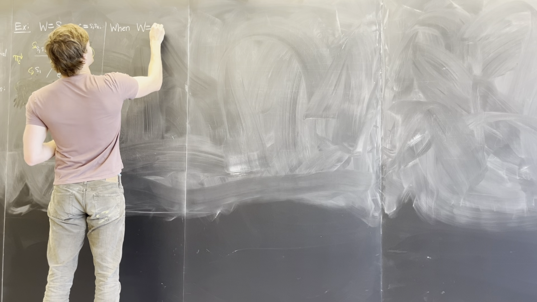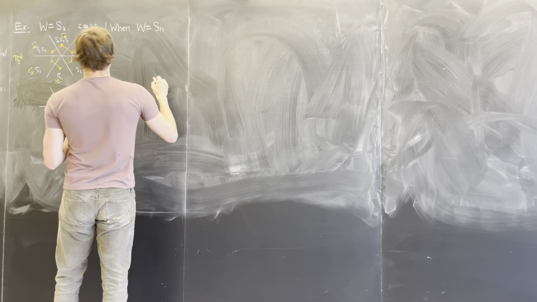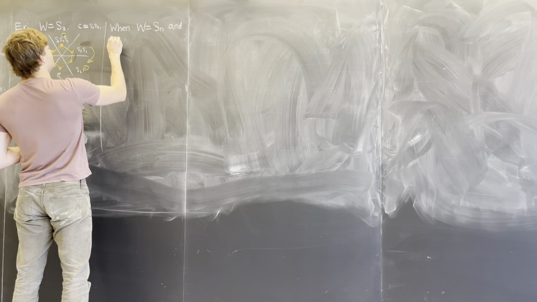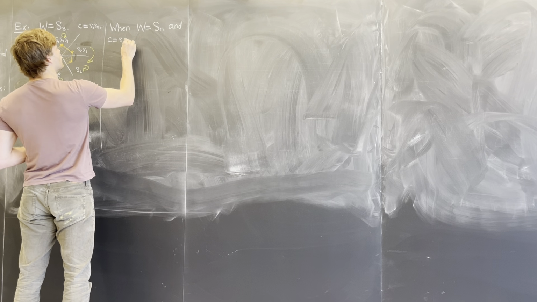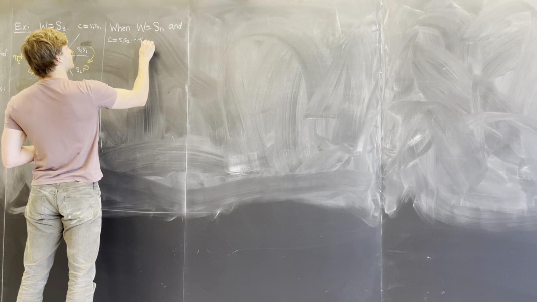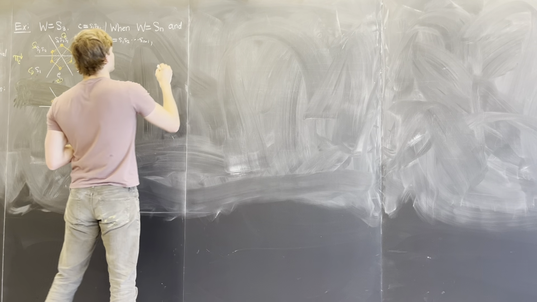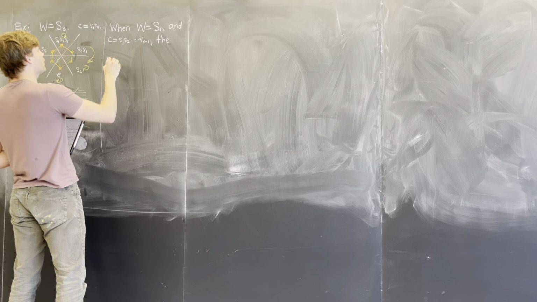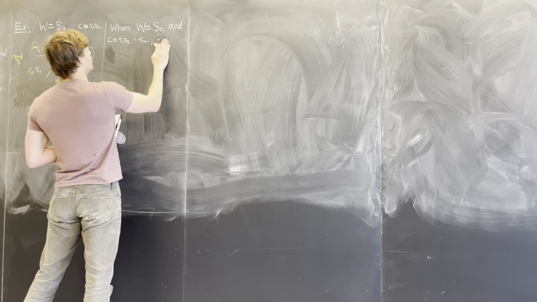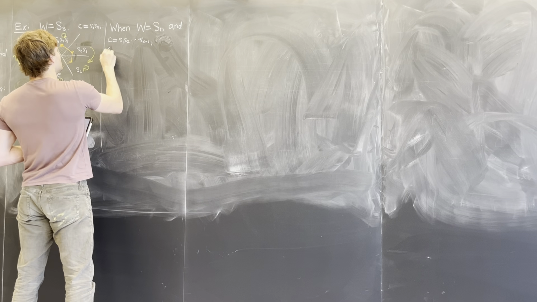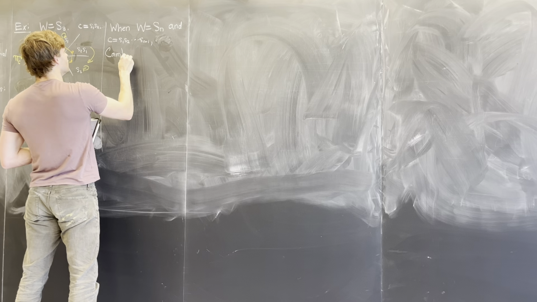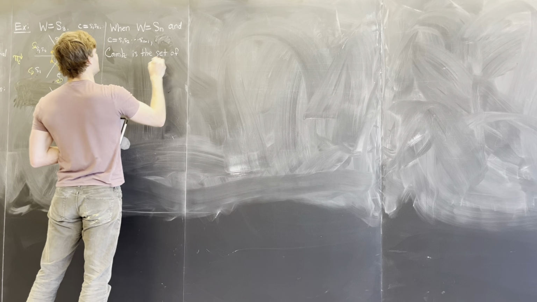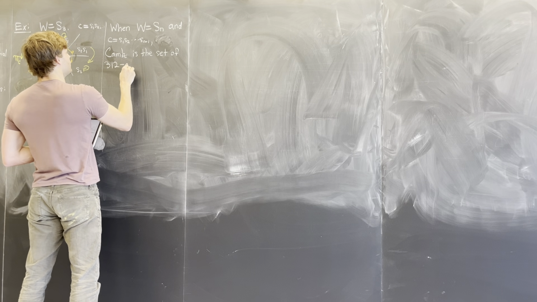When W is the symmetric group Sn, and C is this special element, sometimes called the linear Coxeter element, S1, S2, up to Sn minus 1, remember that the C-sortable elements, so Cam sub C, are the set of 3-1-2 avoiding permutations in Sn.